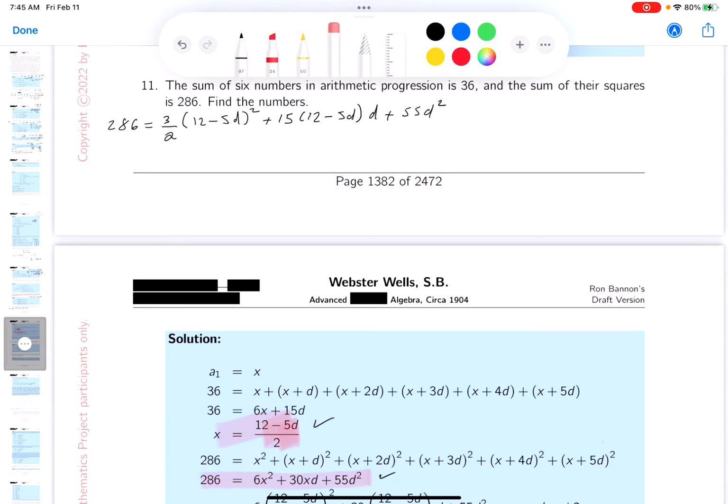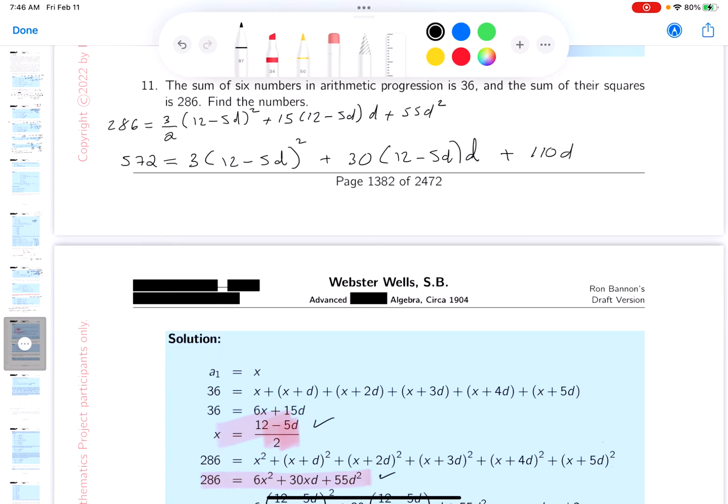And what I'm going to do is multiply both sides by 2 now. Which, again, may seem counterproductive to some people, but to me, getting rid of the fraction moves me forward. And let's see, 286 times 2, that's 400, 560, 572. And then you get 3 times 12 minus 5d squared plus 30 times 12 minus 5d times d, plus, I'm multiplying by 2, right?